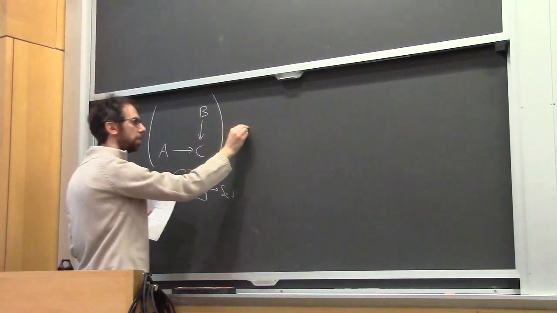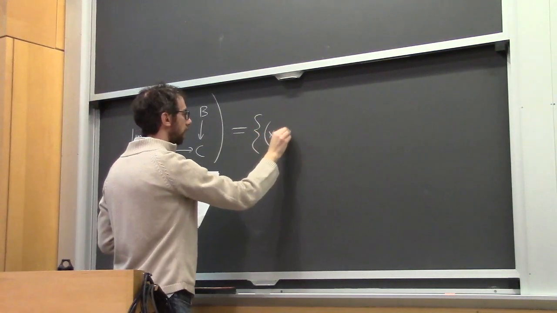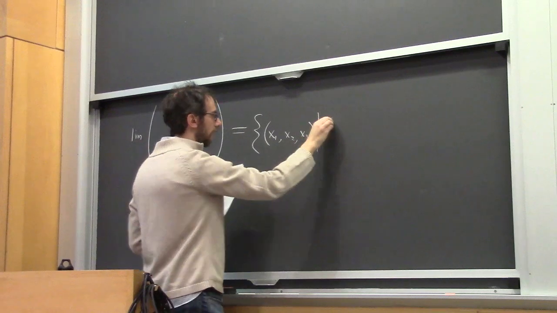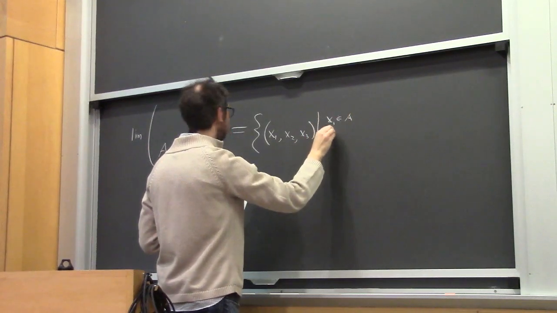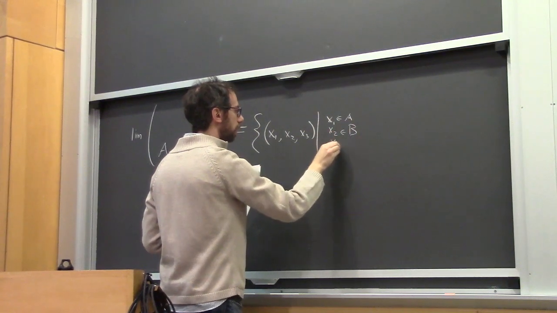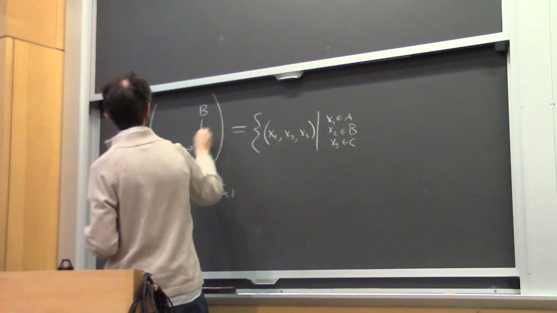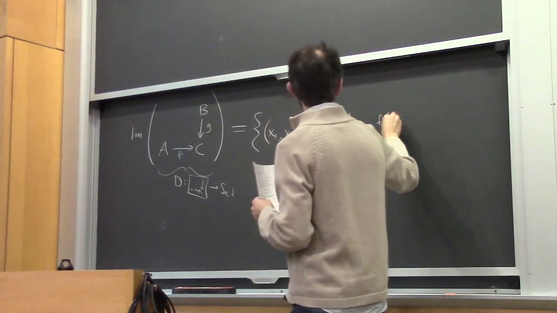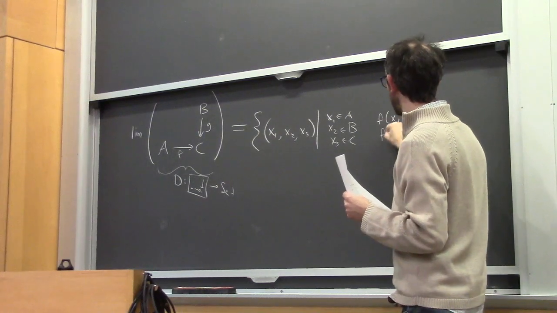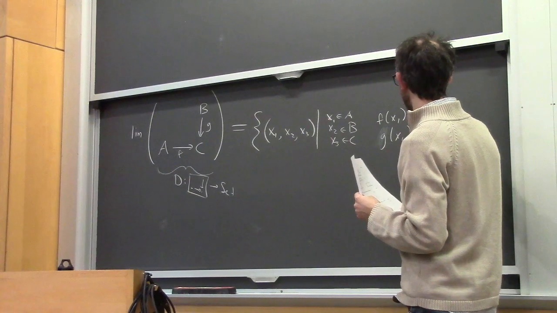And the limit of this, by the formula, is a set of x1, x2, x3, where first of all, x1 is in A, x2 is in B, and x3 is in C, and f of x1 equals x3, and g of x2 equals x3.